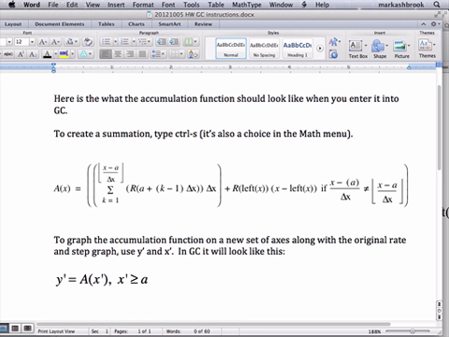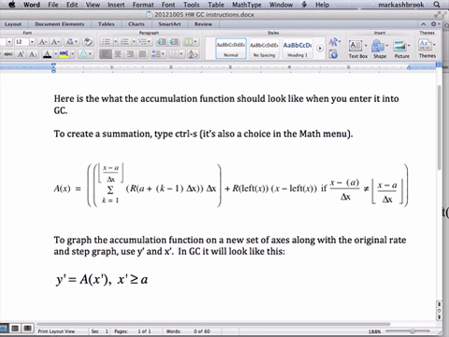Another thing we want to do in Graphing Calculator is show two graphs side by side, like I've been doing before. Putting a prime by the x and the y tells Graphing Calculator to start a new graph over here, and every time you use y prime and x prime, it's going to be a second graph on the right. Some of you had calculus before, and this has a meaning in calculus.